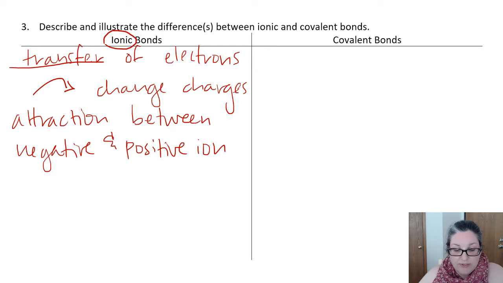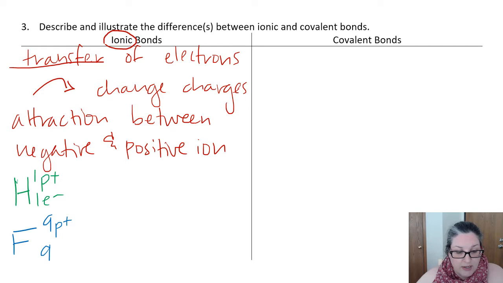So if we do HF as an example, this is the simplest one I can think of. H has 1 proton and 1 electron, and F has 9 protons and 9 electrons.